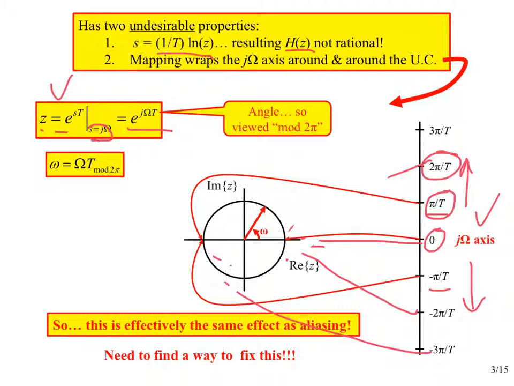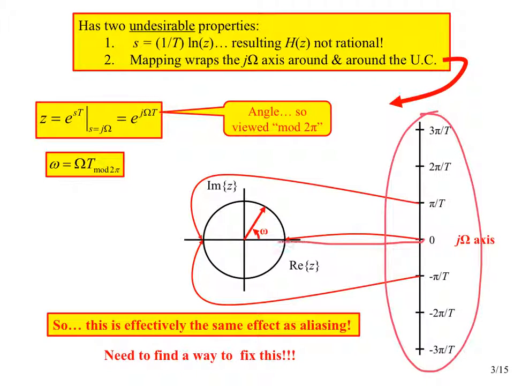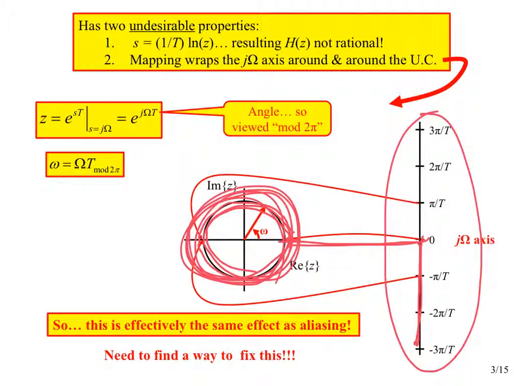One way we can think about this is, imagine taking this as a piece of string and putting the 0 part right here and wrapping the string around, and we get to the pi over t, and we keep wrapping and wrapping and wrapping, and likewise we are wrapping in this end as well. So 0 goes to that point, and then this tail starts wrapping like this. And so that's what I mean by wrapping around the unit circle.